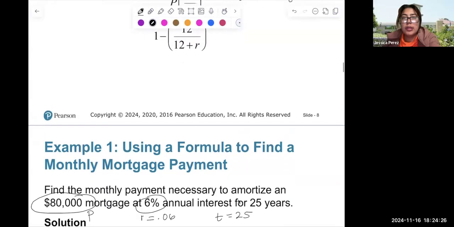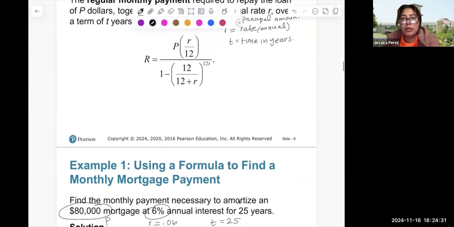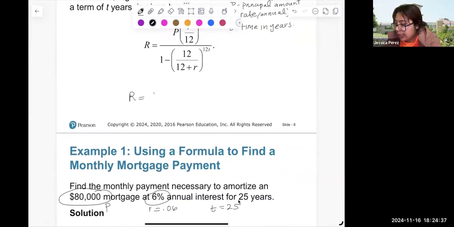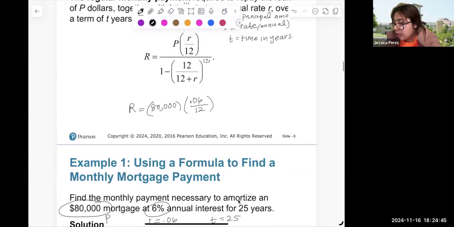So we use the formula from above: the monthly payment is 80,000 times 0.06 over 12, all over 1 minus the quantity 1 plus 0.06 over 12 raised to the power of 12 times 25.